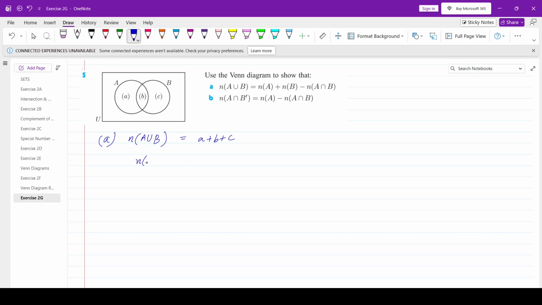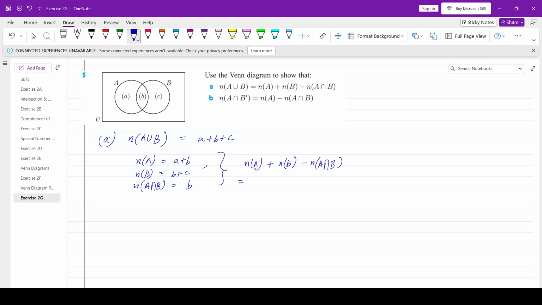Now, the number of elements in A is a plus b. The number of elements in B is b plus c. And the number of elements in A intersection B is b.